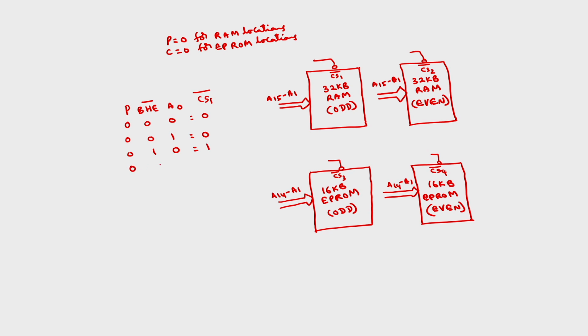When it is 1 1, no bank will be selected, so this will be 1. So only in these two cases should CS1 bar be equal to 0. So what is the Boolean expression for CS1 bar?